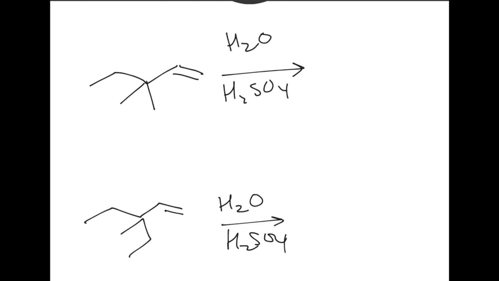So as long as there is a methyl group on that quaternary carbon, you're good to go. So you're going to look at this and say, okay, I know the water and sulfuric acid does a hydration, and I know that's going to make a carbocation. So you have to think, okay, can this rearrange? So you're going to make this carbocation.